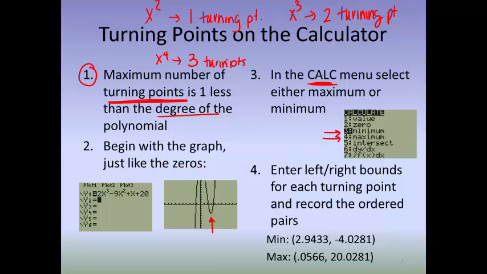But addressing the minimum, it's going to again ask me for a left bound and a right bound. So my left will be on the left of the minimum, and my right will be on the right. And I do recommend just using the arrows and moving over. You do not have to be above or below any sort of axis. You just have to be on the left side of the minimum and then the right side of the minimum.